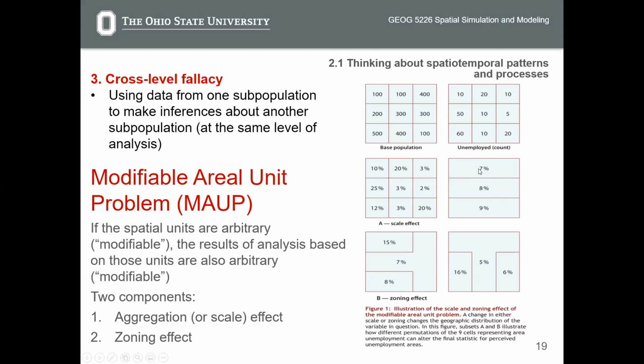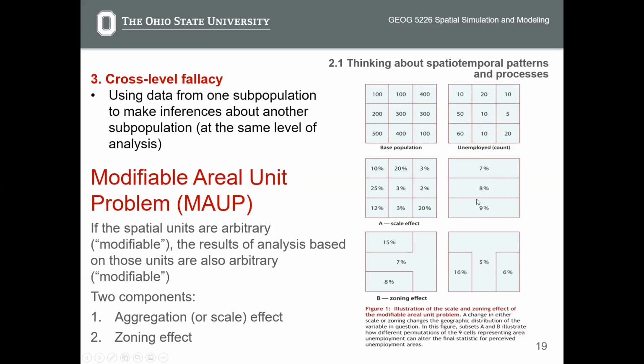Unit 1 is 7%, unit 2 8%, unit 3 9%. Compared to the original one, the unemployment rate varied from 3 to 25%. Here is more stable. You have better looking data to show.